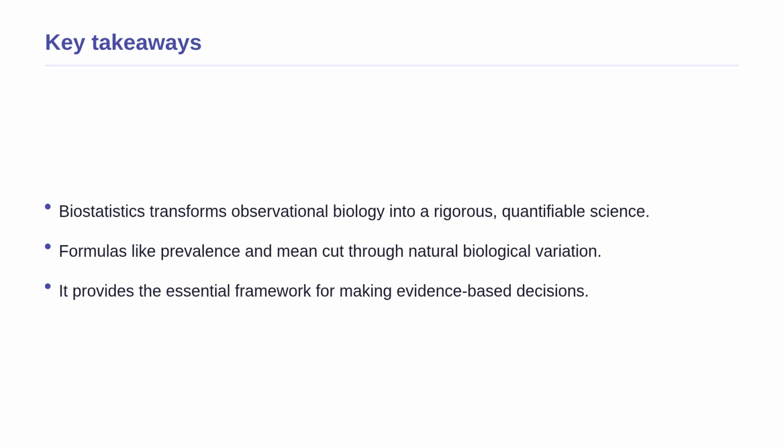Second, mathematical tools like prevalence rates and sample means allow us to find true, reliable patterns in messy biological data. Finally, whether you are tracking a global pandemic or improving agricultural yields, biostatistics provides the absolute framework for making evidence-based decisions. You now understand the foundational applications of this field, which is the first major step toward mastering biological research.